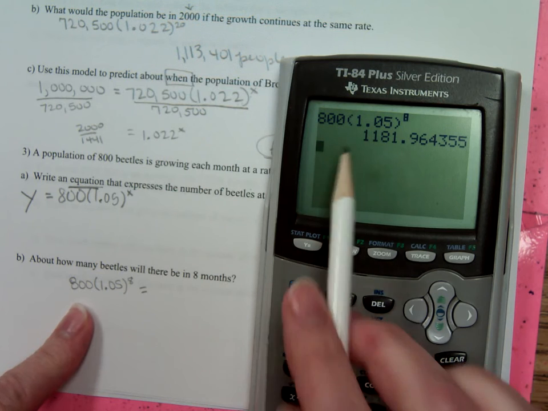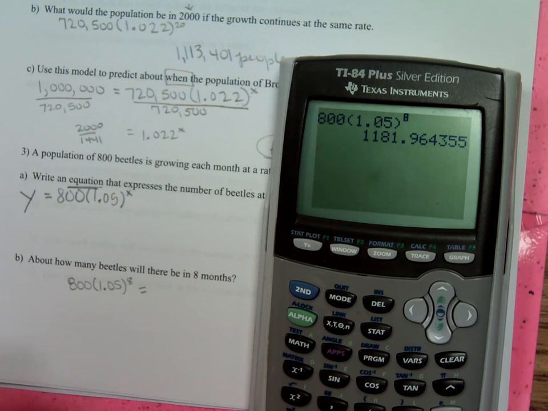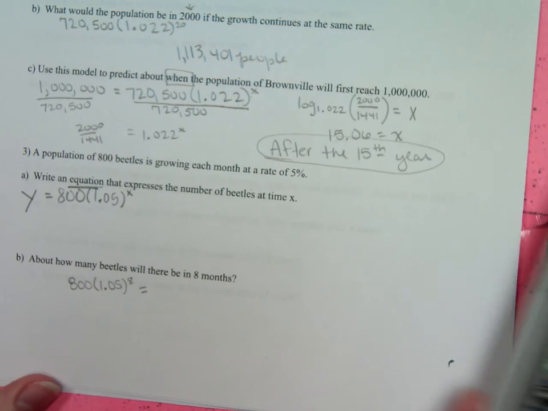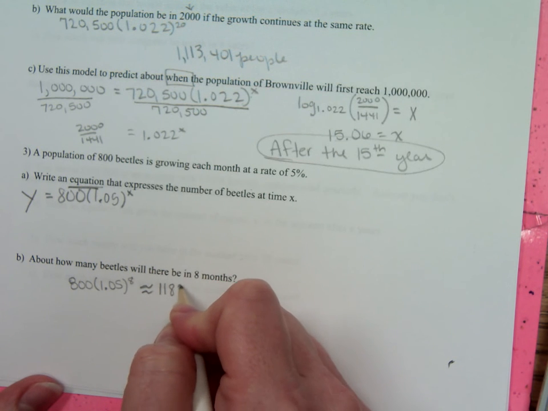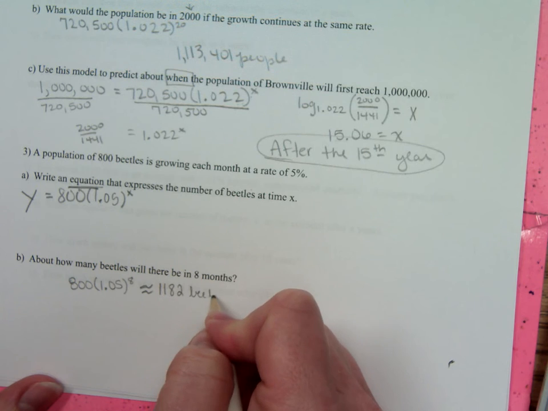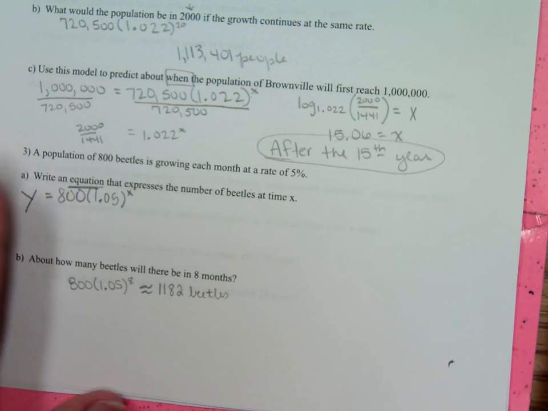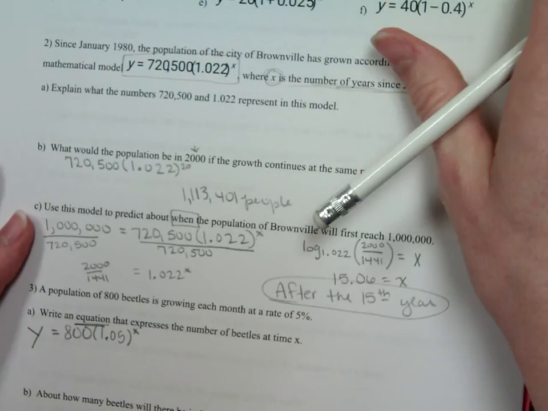And I have about 1,182 beetles. You put 82. That's a 9, so you round up. It's not a whole beetle. I get it.